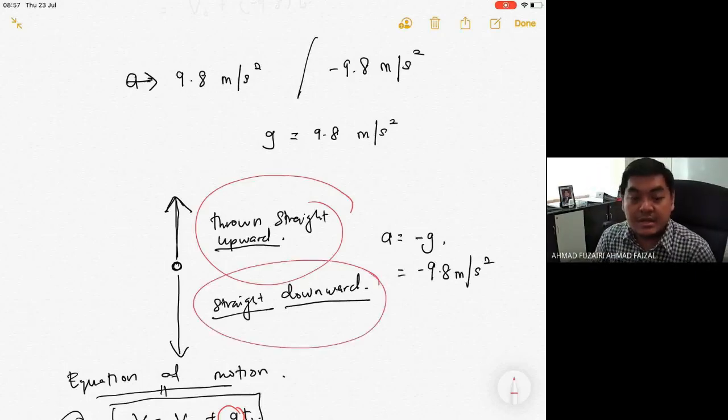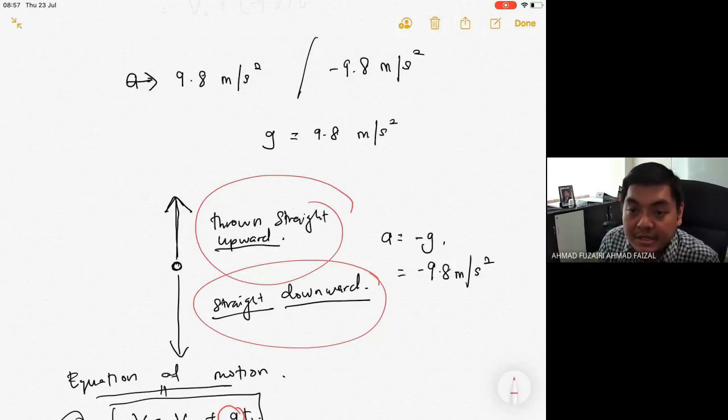These are the key words for when to use A as negative 9.8 meter per second square. In this situation we don't need to bother finding A, because A is definitely negative 9.8 meter per second square. It cannot be any other value, because that's why we call it free fall, meaning it moves with the presence of gravity.